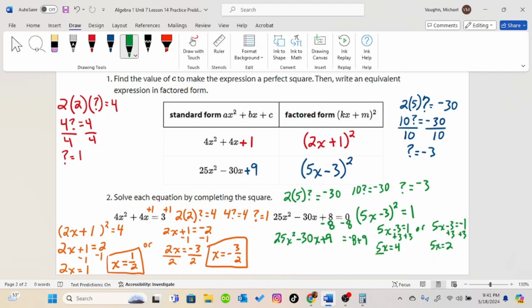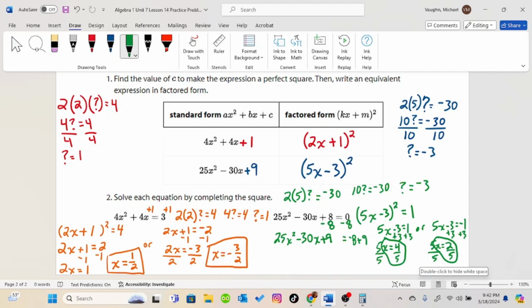We would divide both sides by 5, and our answers are either x equals 4/5 or x equals 2/5.